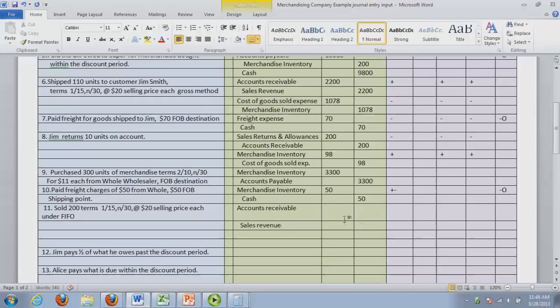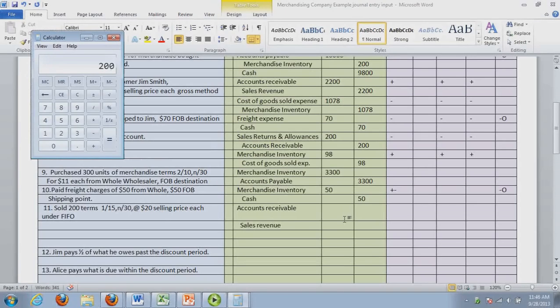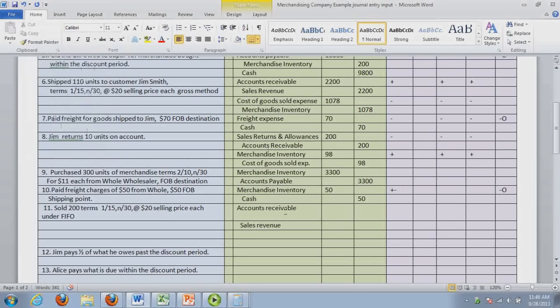We continue to use the $20 selling price, so we have 200 units times 20, which is the 4,000. So I put 4,000 and 4,000. Then of course we also have to update the inventory. So we expense the cost of that inventory and reduce merchandise inventory.